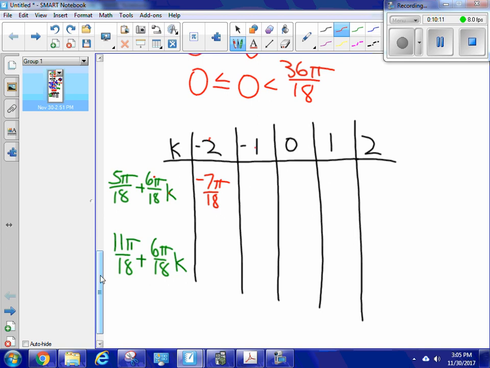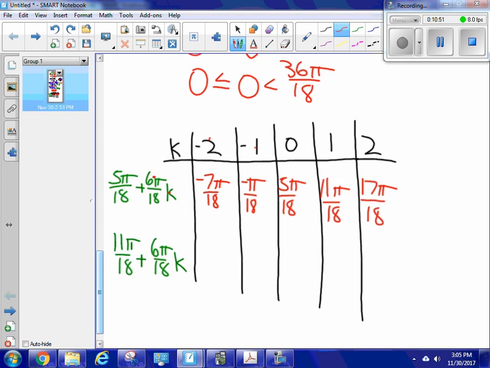Negative 1 times 6 pi would be negative 6, plus 5 pi would be negative pi over 18. 0 is easy because anything times 0 is 0. So this just becomes 5 pi over 18. Positive 1 gets me 6 pi plus 5 pi gets me 11 pi over 18. And positive 2 times 6 gives me positive 12 plus 5 is 17 pi over 18.